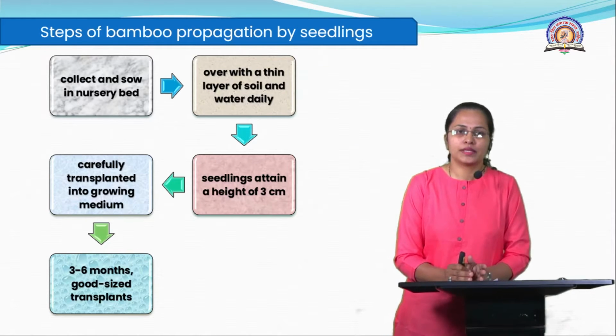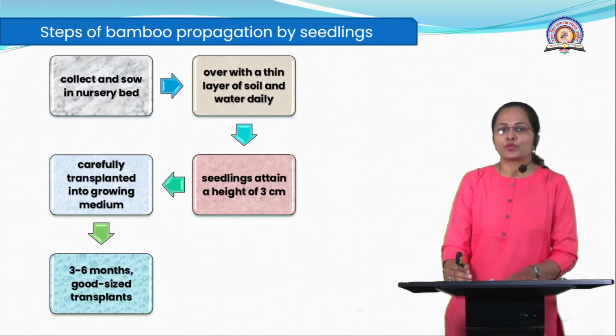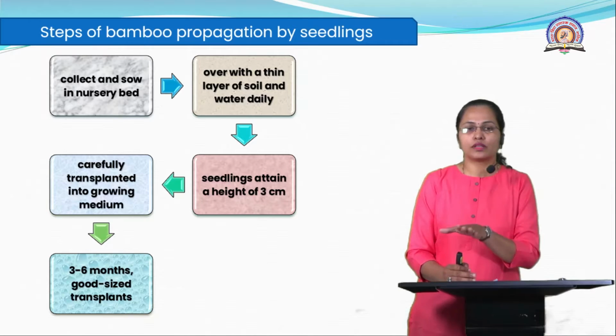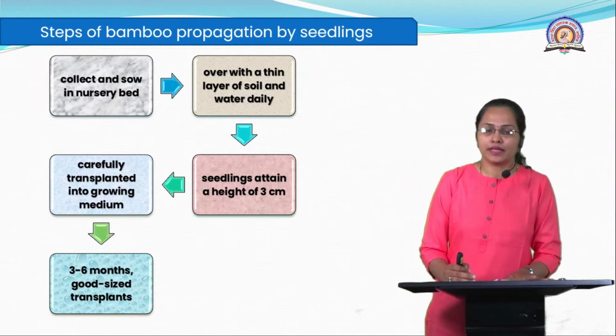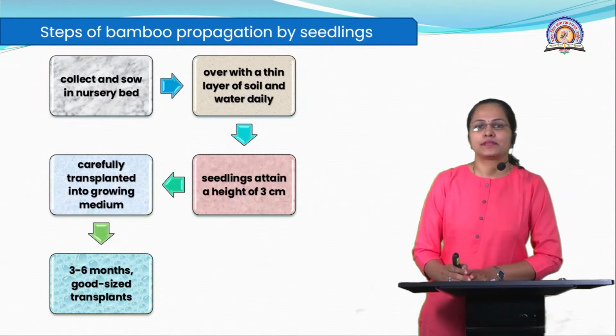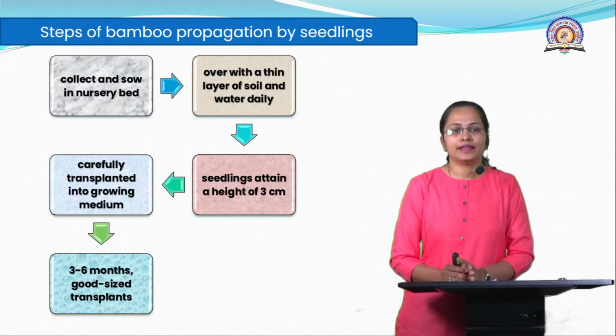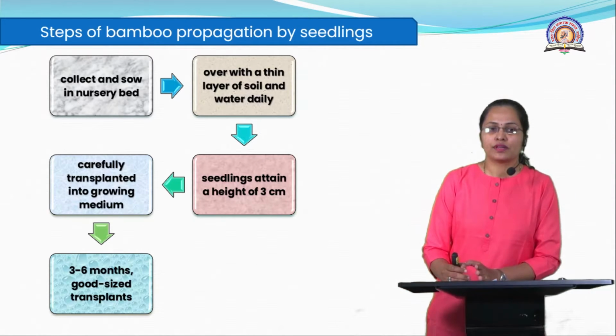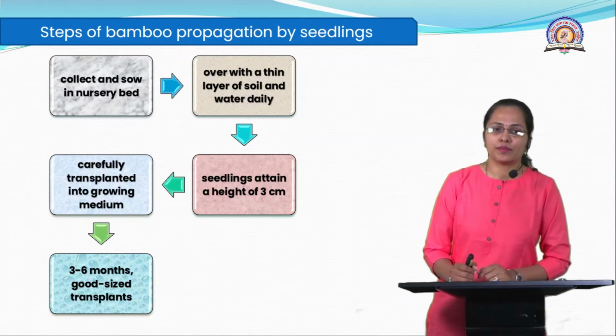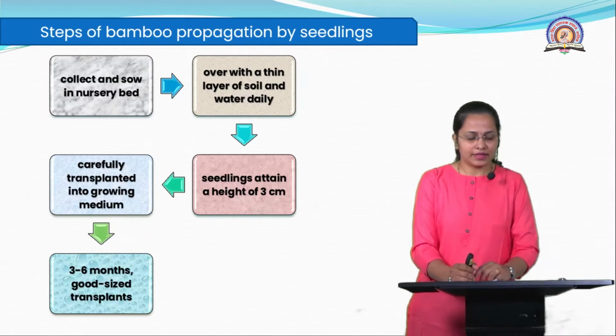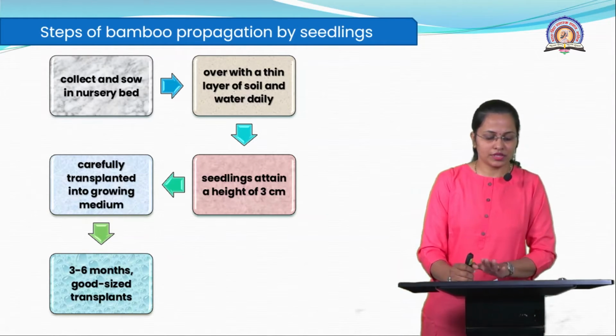After sowing the seeds, a thin layer of soil should be put on the sown seeds, and then we have to water the nursery bed daily. Afterwards, within a short period of time we'll get a plantlet of 3 centimeter height.